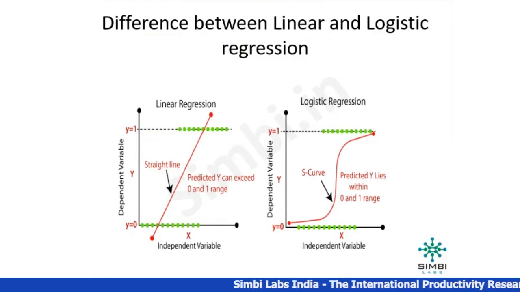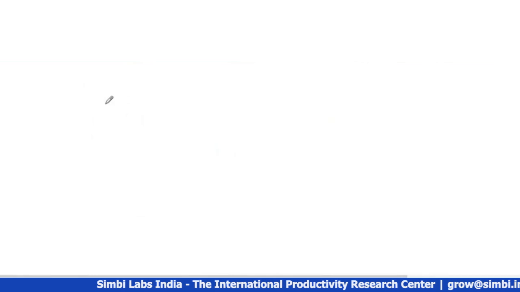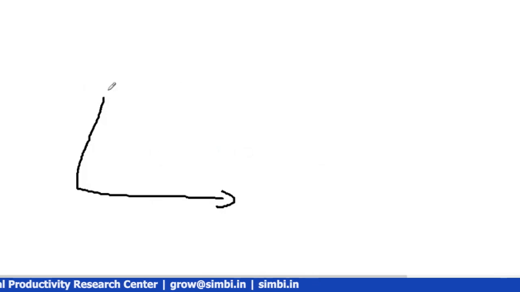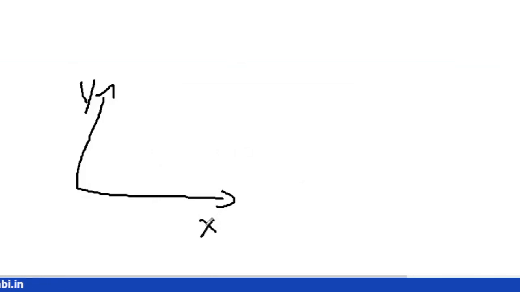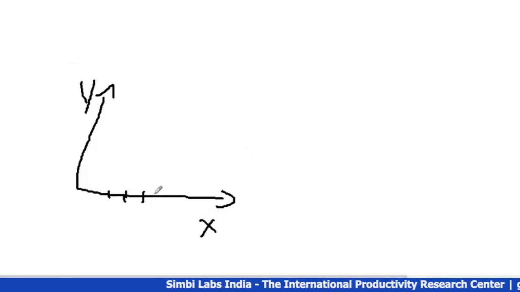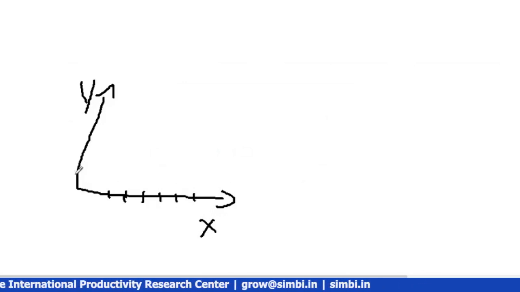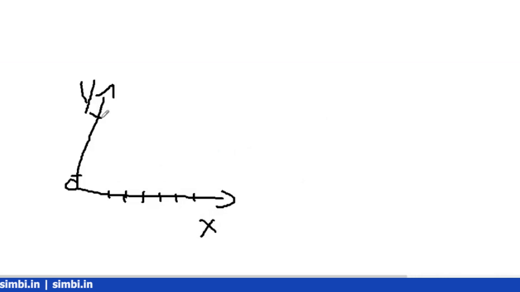For example, we can see there is a line. This is the y-axis of the dependent variable, and these are the independent variables. Here are the working hours affecting. Working hours we will mention as 4 hours, 6 hours, 8 hours, like that. And here the salary when it is 0 and the salary when it is increased, this is the salary.